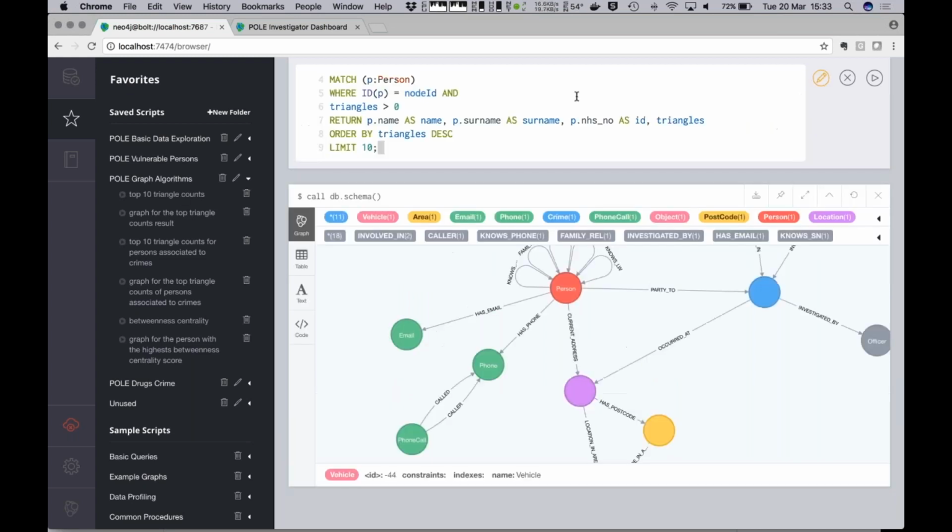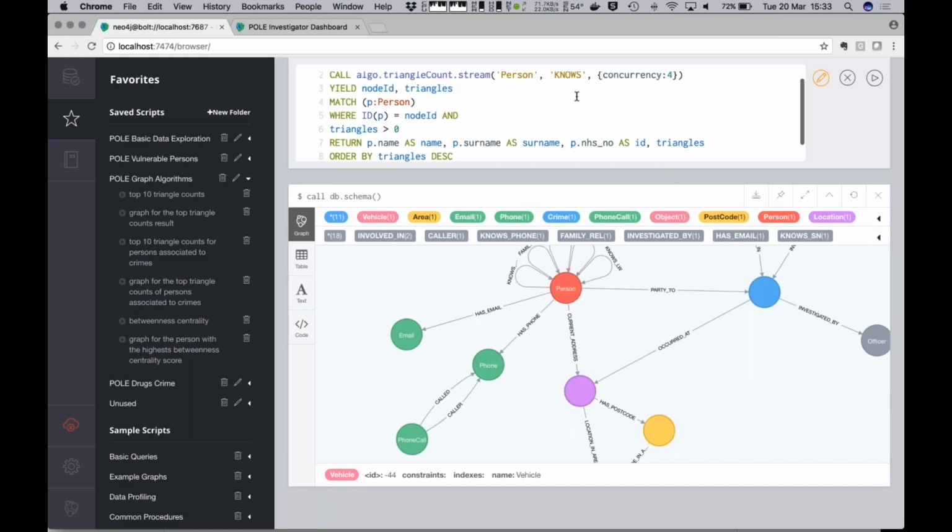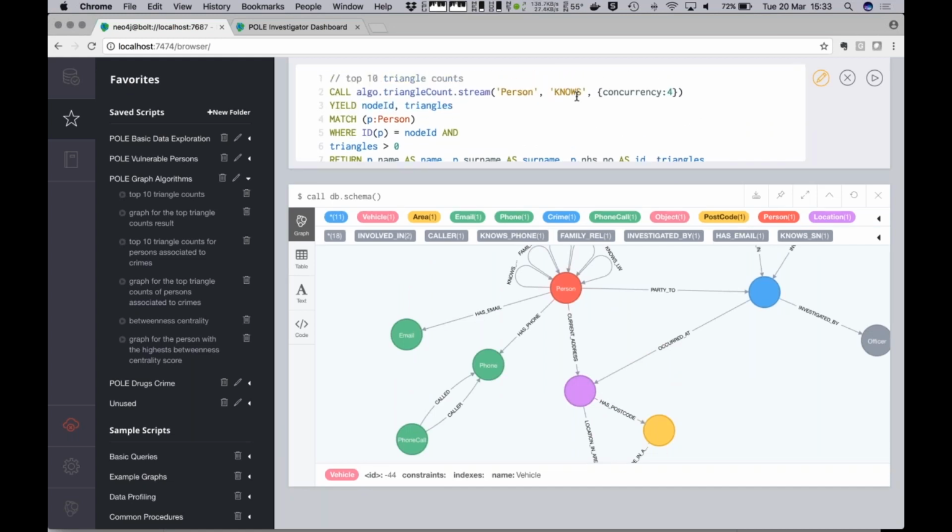One is triangle counts. So the triangle count algorithm looks for triangles of relationships in the graph. So person 1 knows person 2, knows person 3, who knows person 1. And this is a commonly used algorithm in the context of social networks because the incidence of these triangles is much higher than it is in a random set of data.